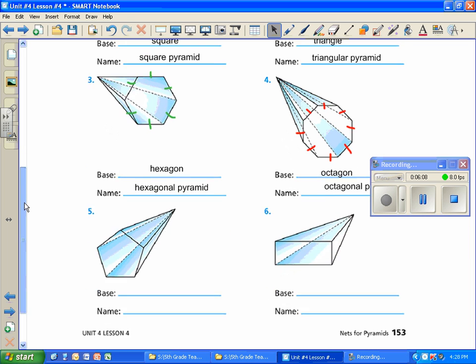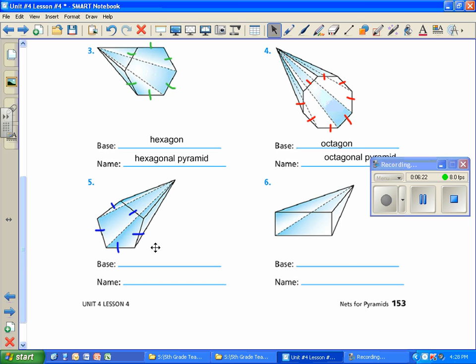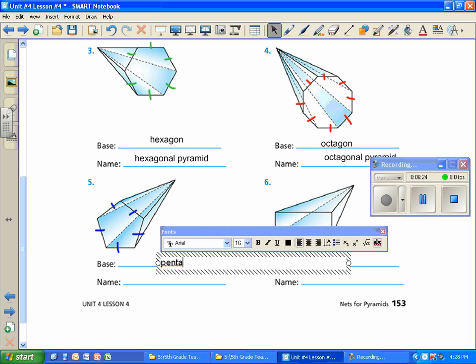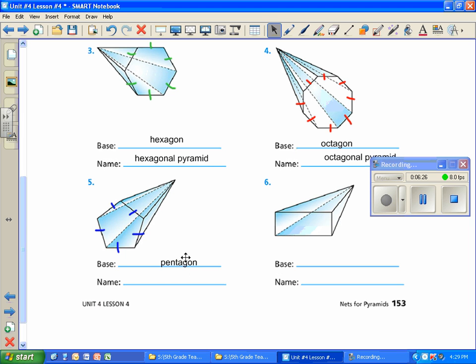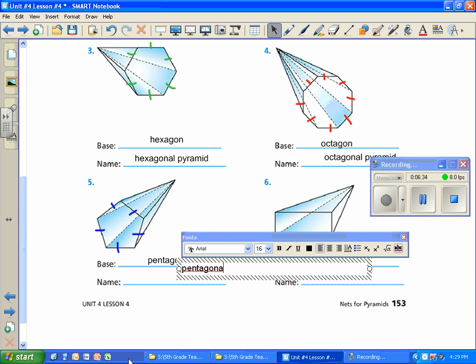Number 5, again, count the sides: 1, 2, 3, 4, and 5. A 5-sided figure, a pentagon. So your pyramid would be called a pentagonal pyramid.